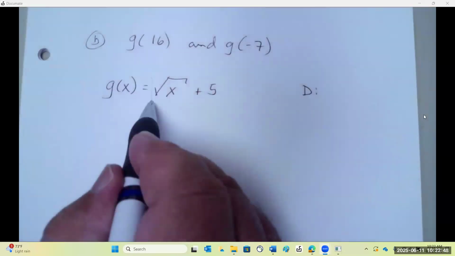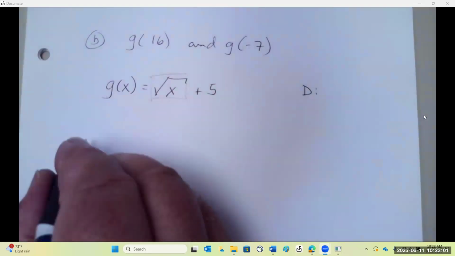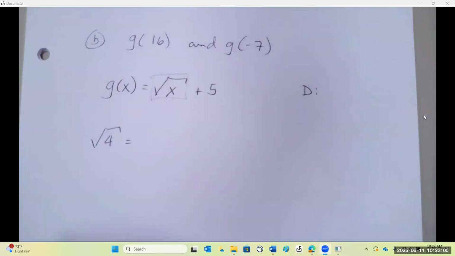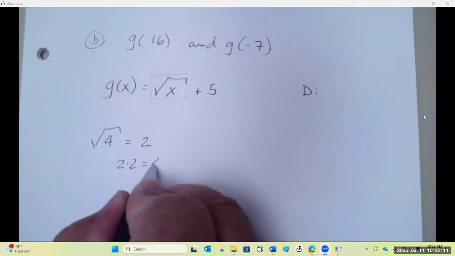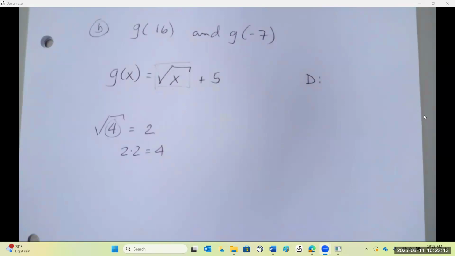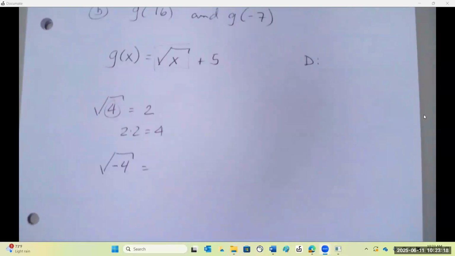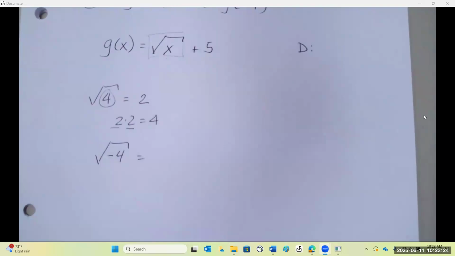But in g of x, we have the square root. What's the only rule we have about square roots? Cannot be negative inside there. Because remember, for a square root to exist, what does that equal? Square root of 4 is 2, because 2 times 2 equals 4. I cannot take the square root of negative 4, because no two numbers multiplied together will give me a negative answer.